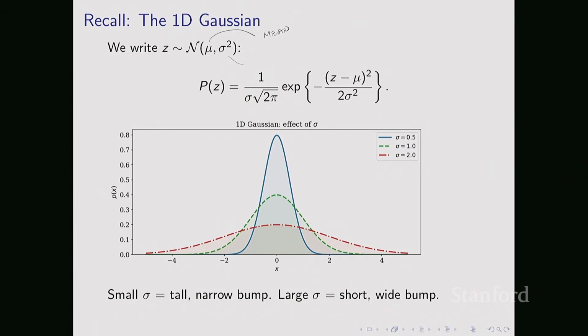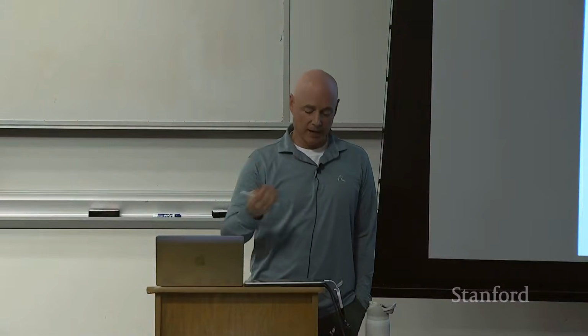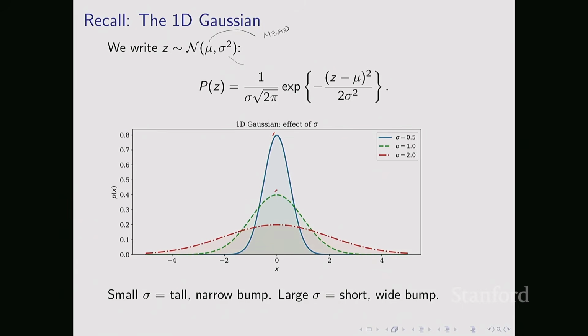When sigma is small, it gets very, very spiky, right? Intuitively makes sense. If you have low variance, you're very concentrated around your mean. The heights are different. Why are the heights different? Exactly right. It has to integrate to 1. Exactly perfect. You have 0.5, you have 1, you have 2, and you're spreading that mass. And the integral underneath is normalized to 1. All good.